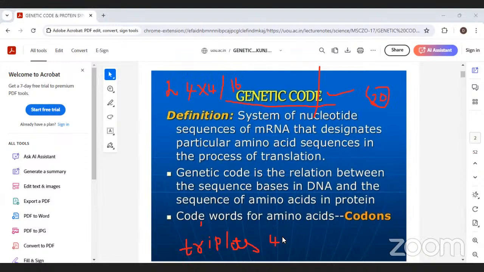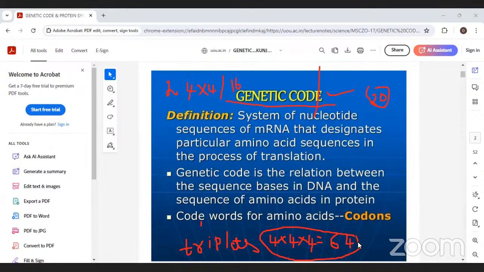You can calculate like this: 4 into 4 into 4 is equal to 64. 64 are shown in the genetic code. This is the genetic code.